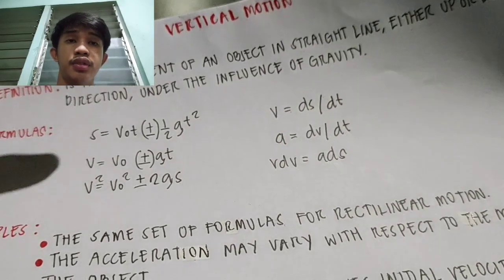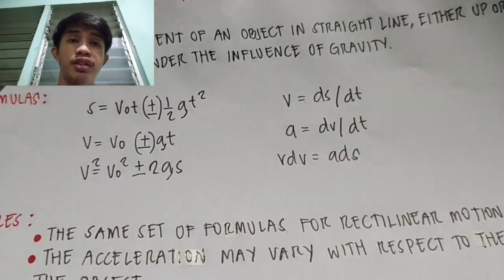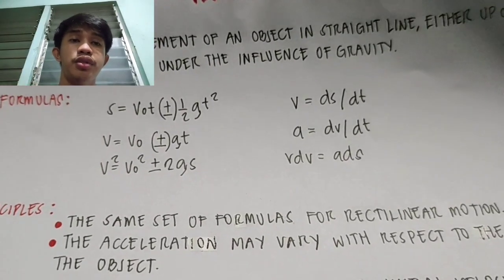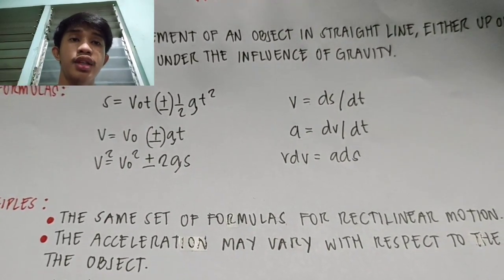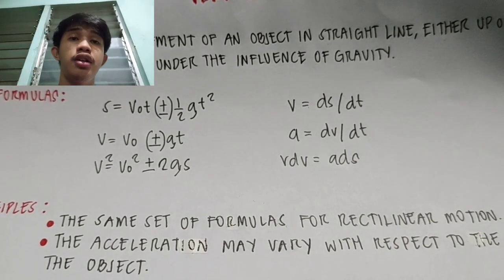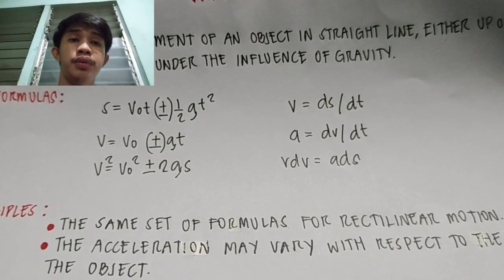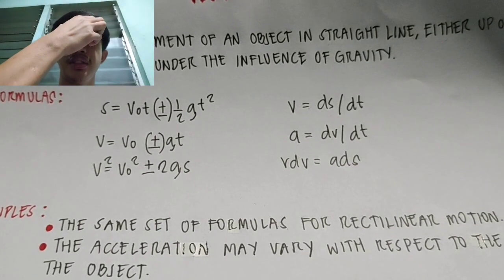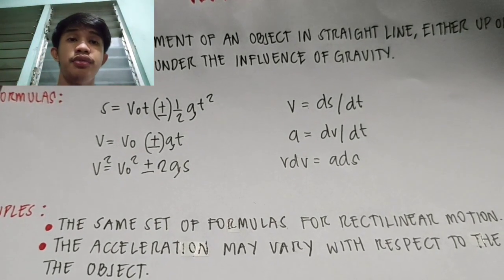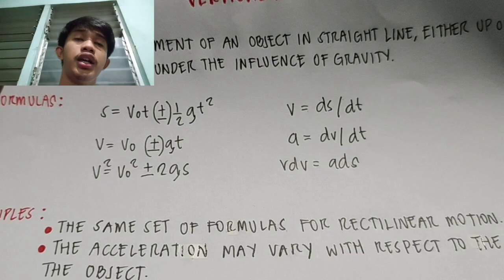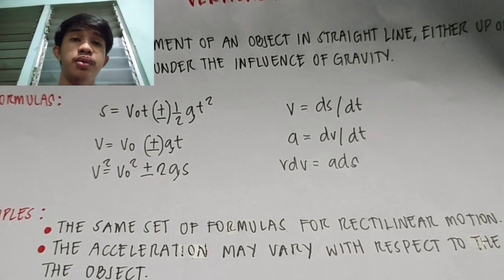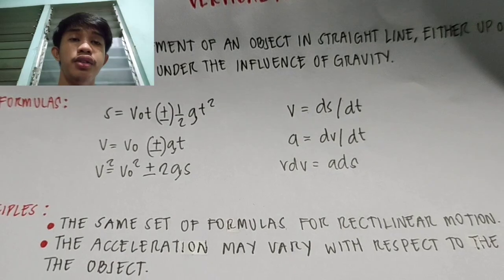That's why I emphasize the signs for every equation: if the motion of the object is along with the gravity, the acceleration is positive. But if the object's motion is against the gravity, the acceleration is negative.